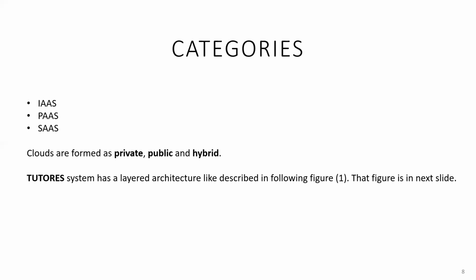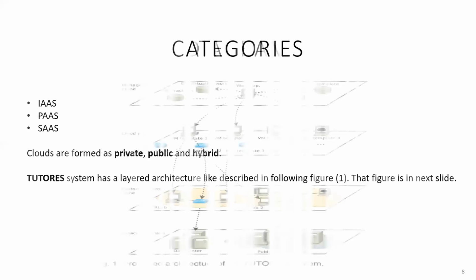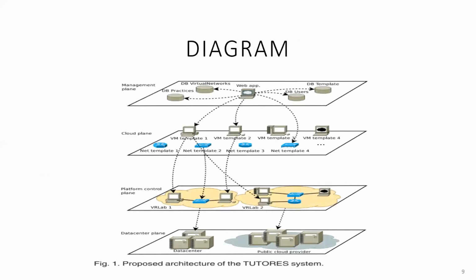Tutor's system has a layered architecture, which I will describe in the next slide. Basically, this is the diagram of Tutor's system. We have the management plane, cloud plane, platform control plane, and data center plane. We are seeing dashed arrow lines. What are those? Dashed lines represent relationships between components.